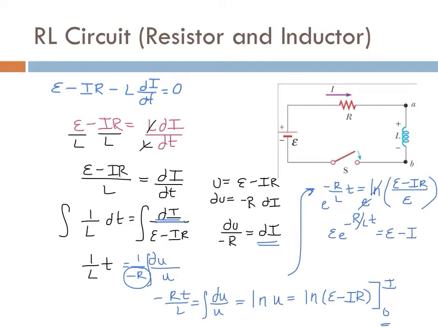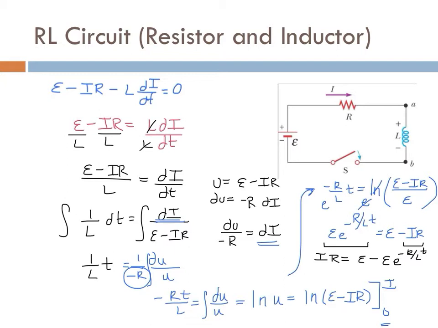And then the whole goal was to get I by itself so that we have a function for I. So I'm going to move this piece over to the other side, and then I'm going to get IR over to the left-hand side. So that becomes IR equals sigma minus sigma e to the negative R over L times t.